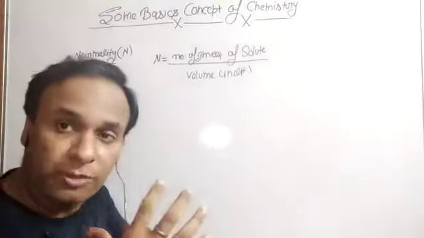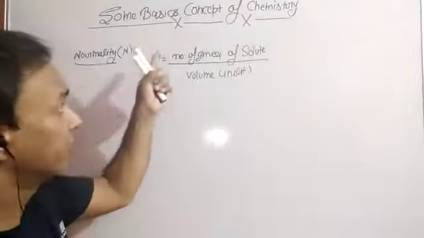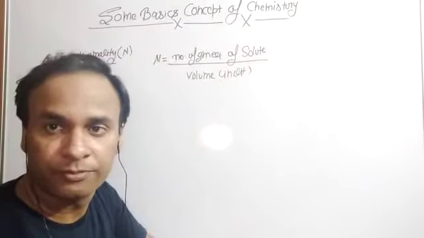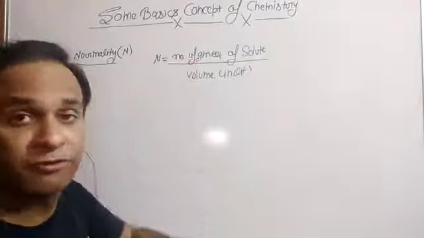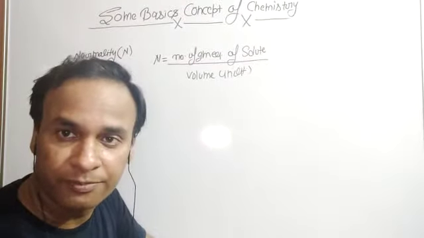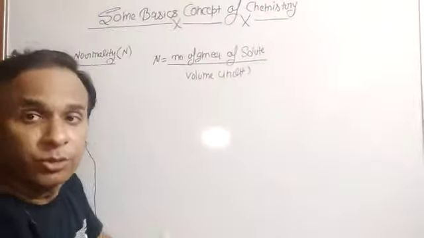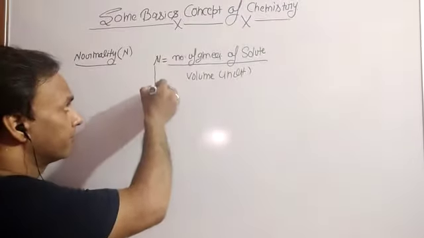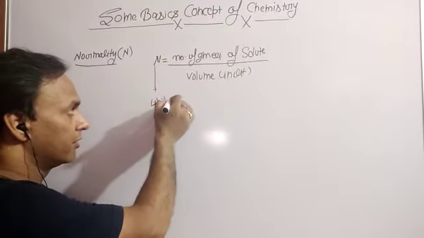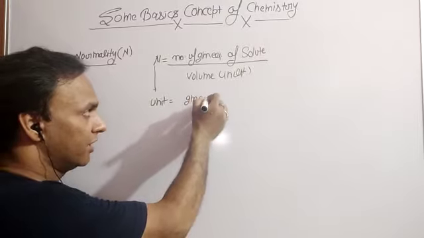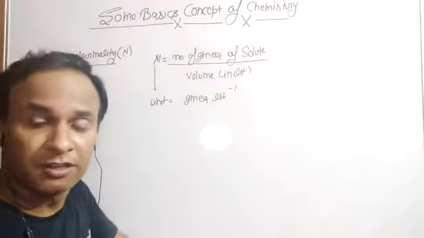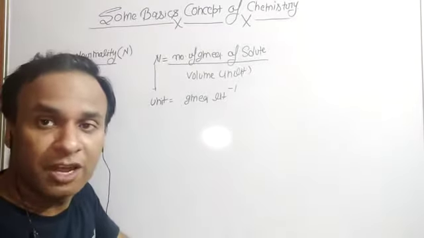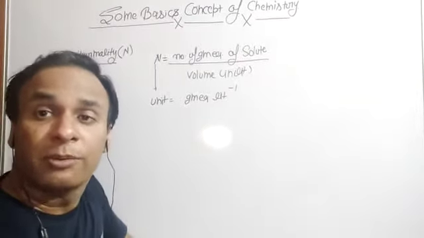When we talk about molarity, it relates to the number of moles, while normality is related to the number of gram equivalents. The unit of normality is gram equivalent per liter. Clear? How will you define the number of gram equivalents?